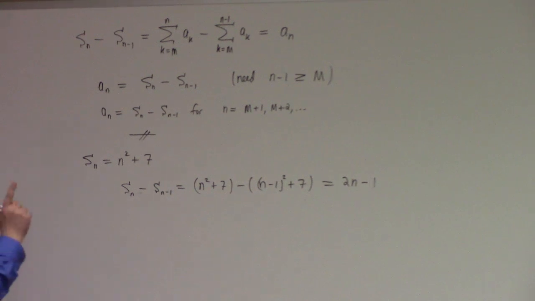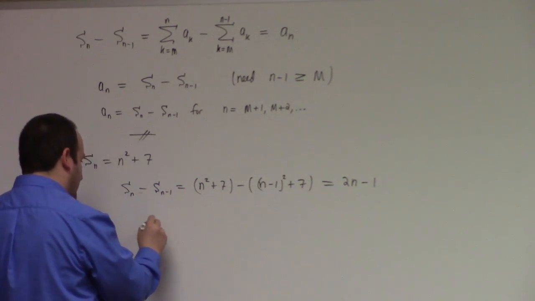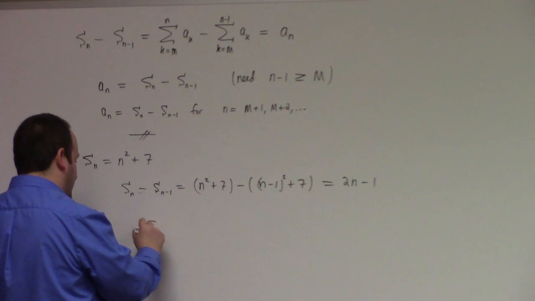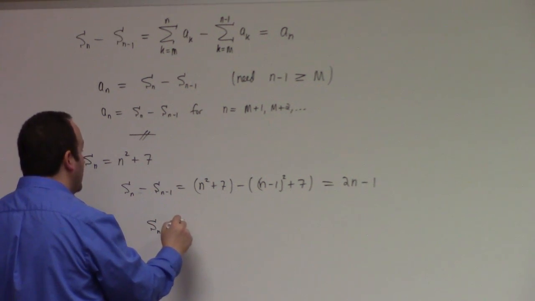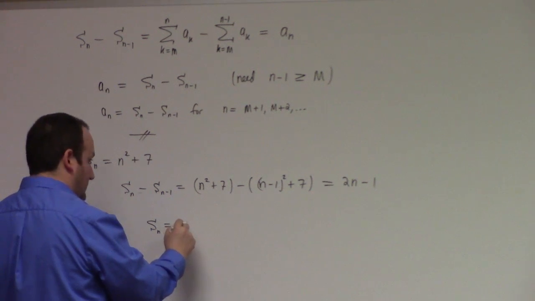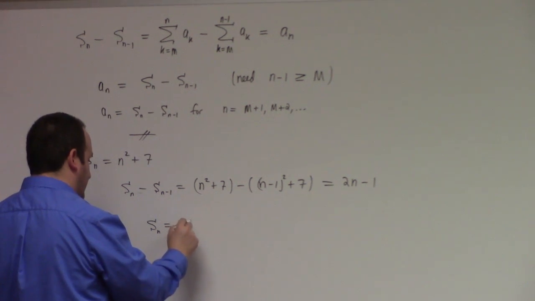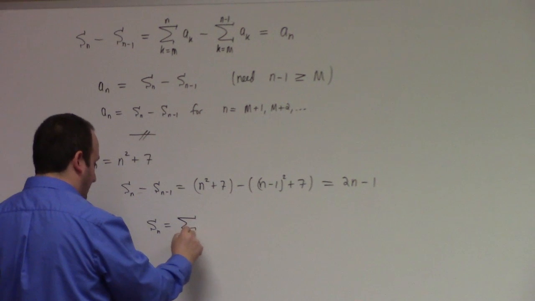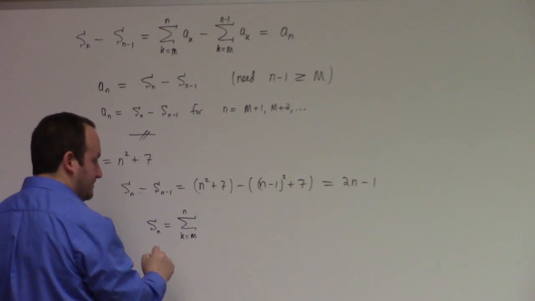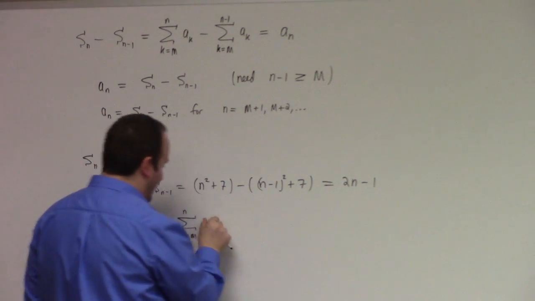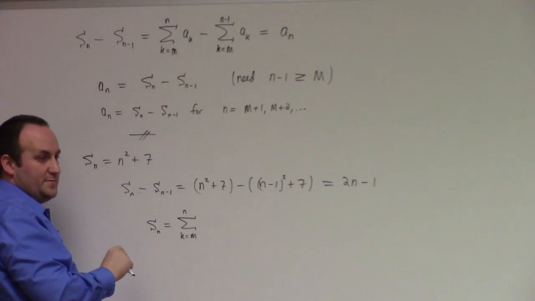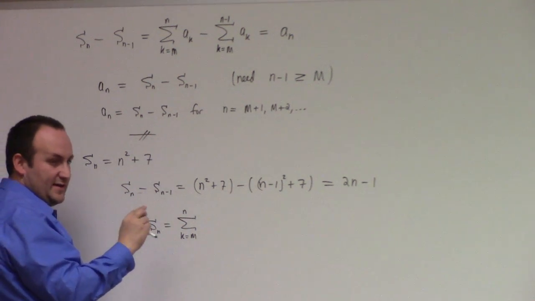Well, then the thing is, what is S_n? Well, S_n is equal to the sum, k equals m to n, right? But I can't just put this here, because this formula only applies from the next case on.